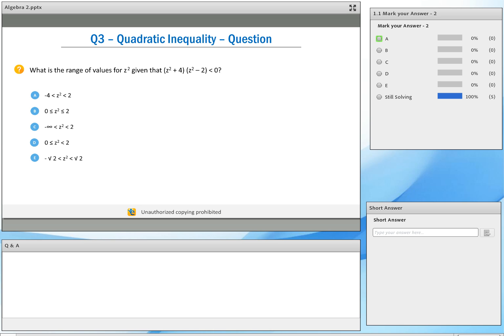Please click on still solving. Here's question number 4. Go ahead.